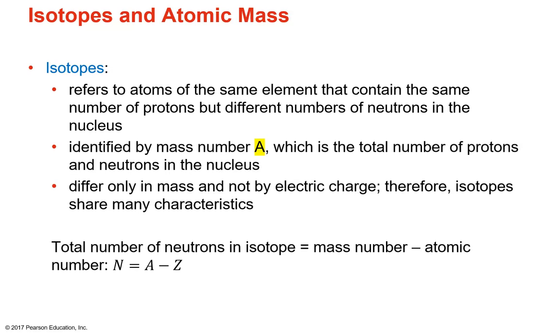Or you can have an isotope of hydrogen that we call deuterium that has 1 proton and 1 neutron. It's still hydrogen because hydrogen means 1 proton. The element name goes with the atomic number. And then you have a hydrogen atom that we call tritium that has a proton and 2 neutrons. Still hydrogen because it has 1 proton.